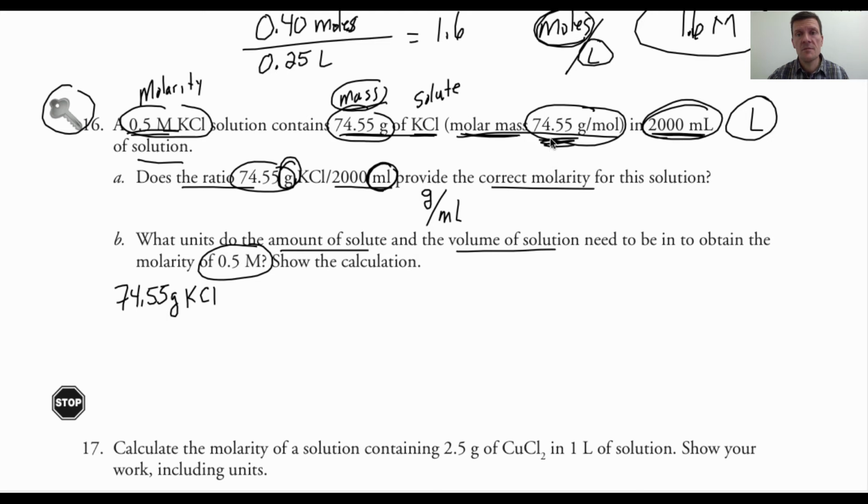You could add up the molar mass for potassium and chlorine, and then find out that they add up to 74.55. I am going to convert this to number of moles. I hope you see how easy this is. I really don't have to do this computation. If our molar mass is 74.55 grams per mole, and you've got exactly 74.55, you've got 1 mole. Okay, but I'm going to show it to you here.